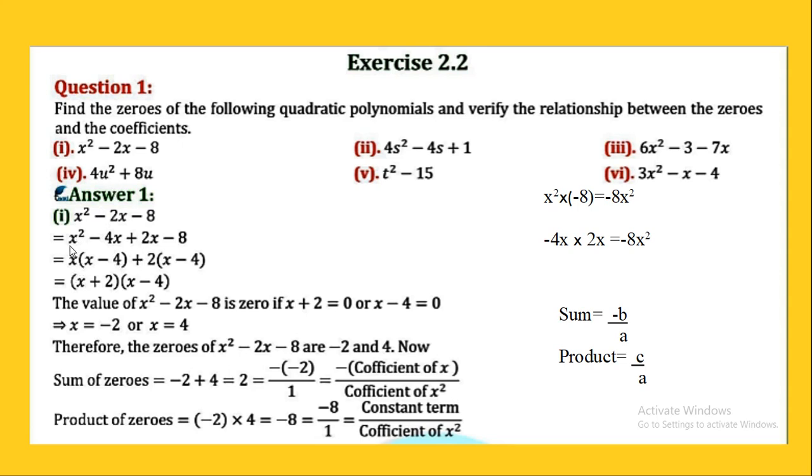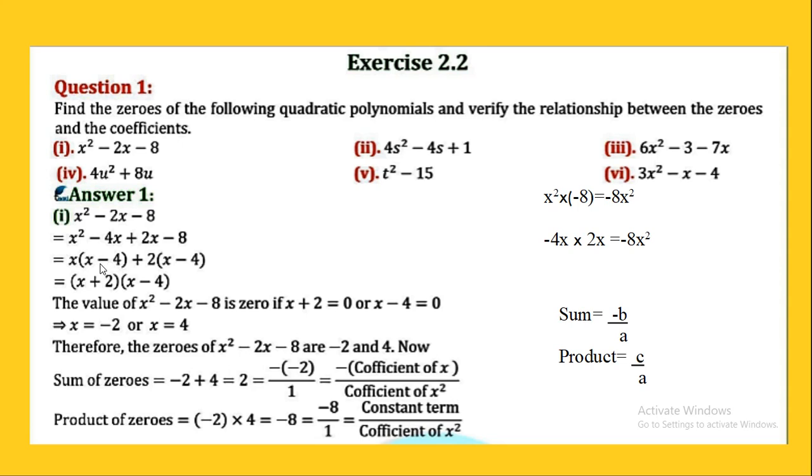Now we take x outside from x square minus 4x, and we get x into x minus 4. To make x minus 4 the common factor, we have to make x minus 4 from these two terms. Here, we can take 2 outside, and we get 2 into x minus 4.